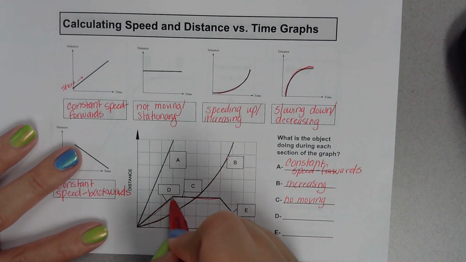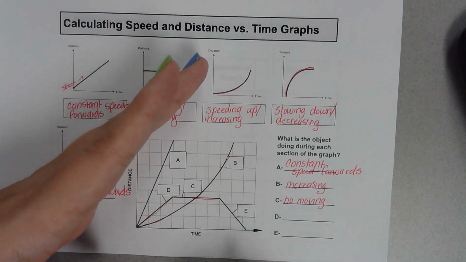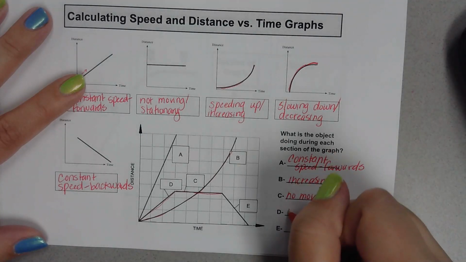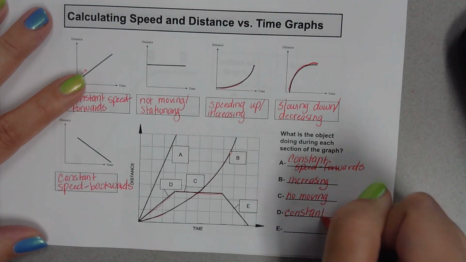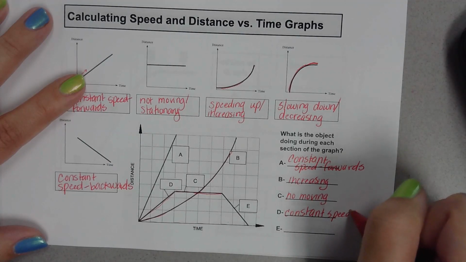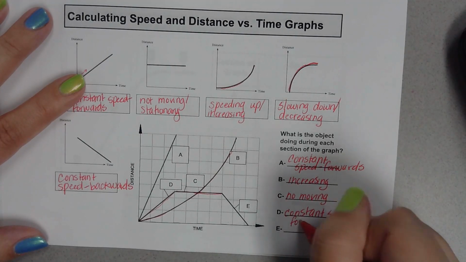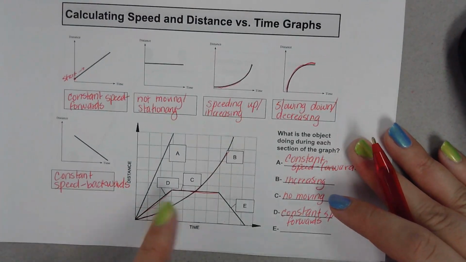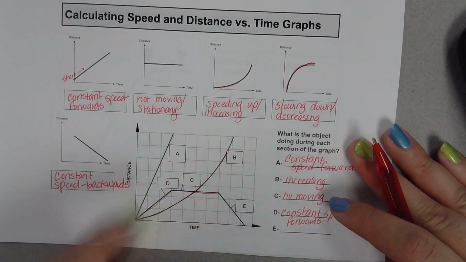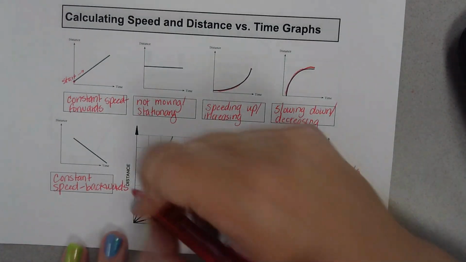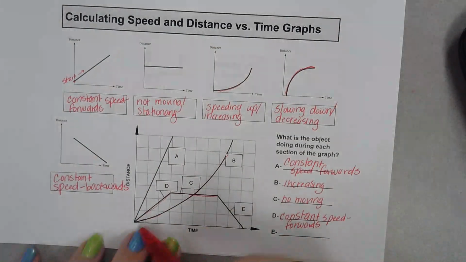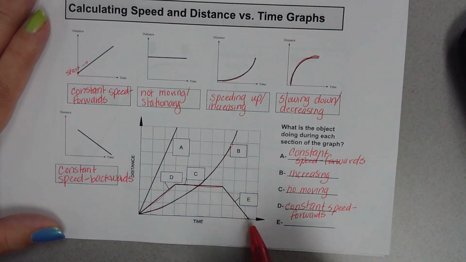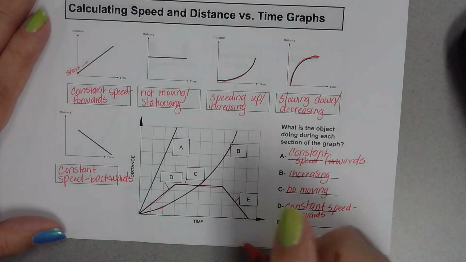D is another one of those straight lines going up. So constant speed forwards. And note that D has a less steep slope than A is. So A is going faster than D. And then E, it's constant speed again, but this time it's going backwards.